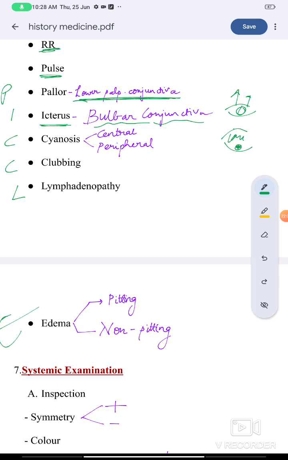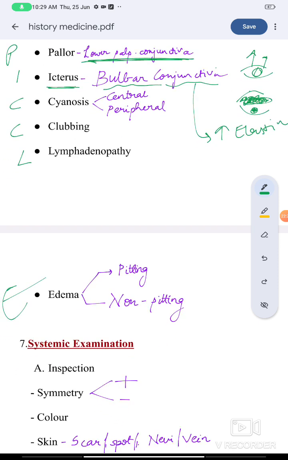So this white portion you see over here, you see the icterus in this area. This is known as the bulbar conjunctiva. So why are changes noticed first in this area? Because this area has high elastin, and elastin shows high affinity towards bilirubin. So whenever there is bilirubin deposit, it tends to occur first in the bulbar conjunctiva.